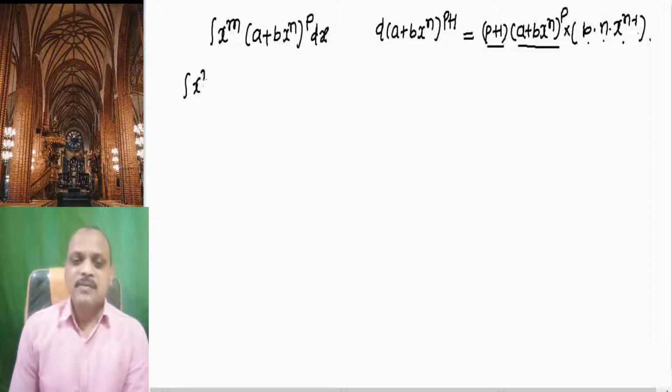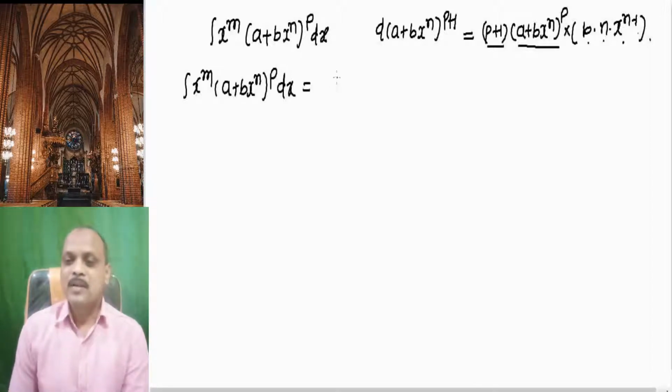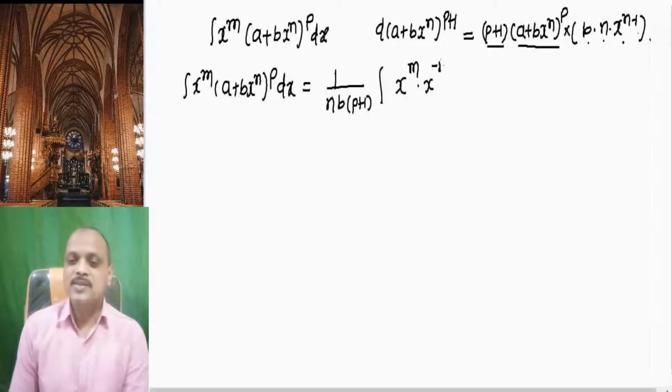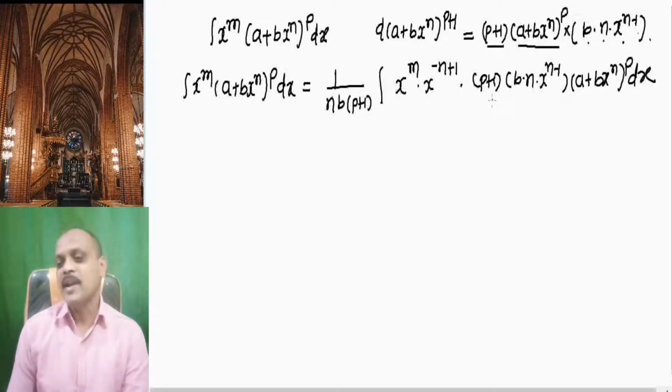Hence, the integration of x raised to m into (a plus b x raised to n) whole raised to p into dx equals, so adjustment here, 1 divided by n into b into (p plus 1) into the integration of x raised to m into x raised to minus n plus 1 into (p plus 1) into b into n into x raised to n minus 1 into (a plus b x raised to n) whole raised to p into dx.